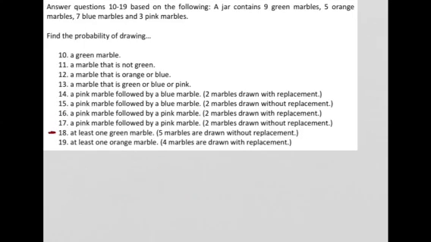And if we look at 18, now here we want the probability of at least 1 green marble, and we're selecting 5 marbles without replacement. So the probability of at least 1 green marble is equal to 1 minus the probability of no greens at all.